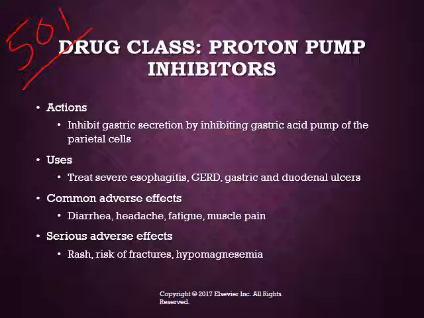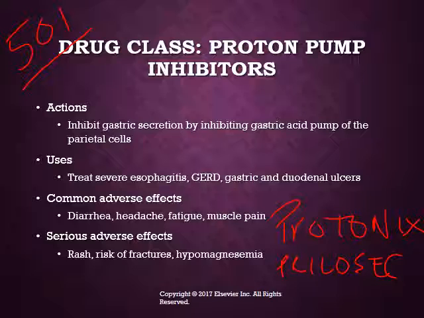So the common ones you'll see, again, looking at page 501, Protonix or pantoprazole, omeprazole, also known as Prilosec, and Prevacid, lansoprazole, and Nexium, that's another kind of biggie you'll see.